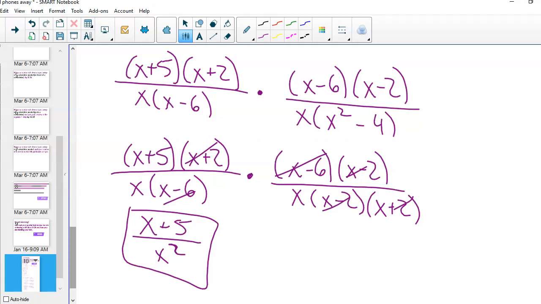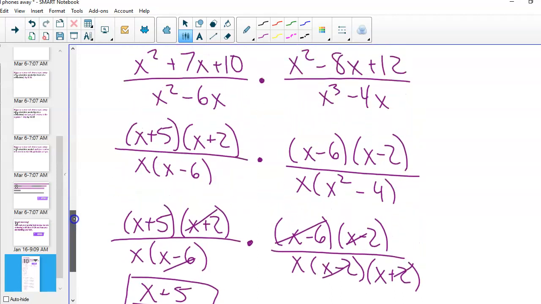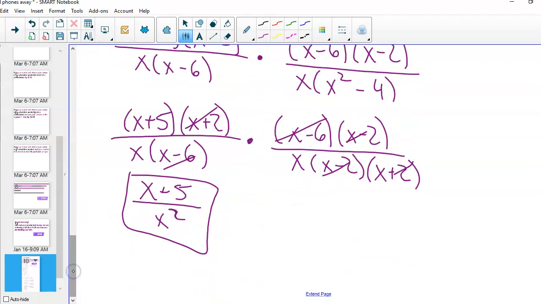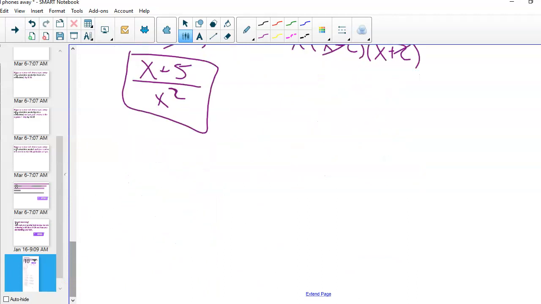Make sure you have this answer written down for 3 and this answer written down for 1. And then pass up your answer sheets.